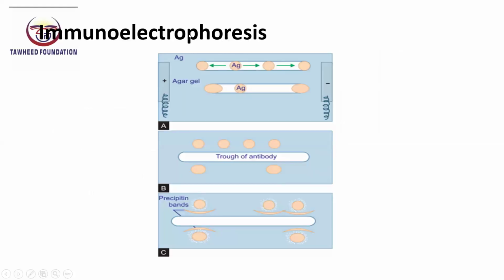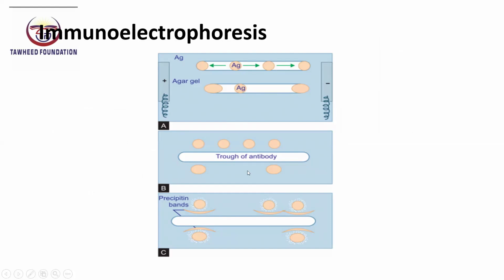This immunoelectrophoresis here, in A part, antigens placed in an agar gel are separated by means of an electric current. Positively charged molecules are drawn towards the negative pole and negatively charged ones move towards the positive pole.